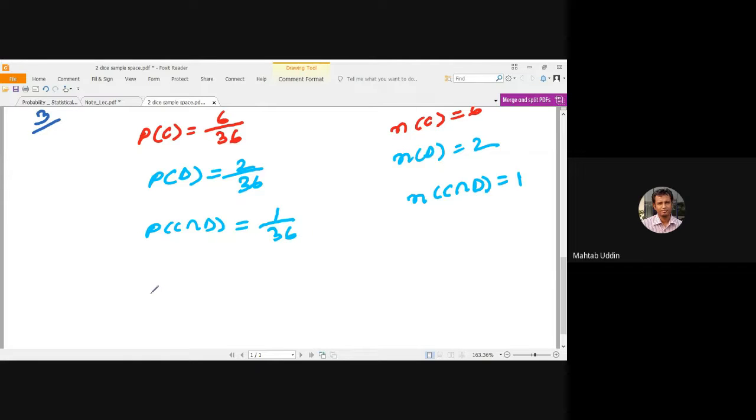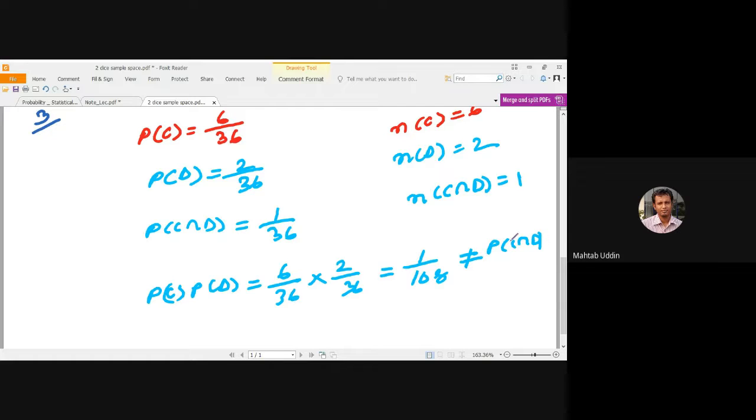Now probability of C into probability of D is equal to 6 by 36 into 2 by 36, which is 1 by 108, which is not equal to P of C intersection D. So what can you conclude?